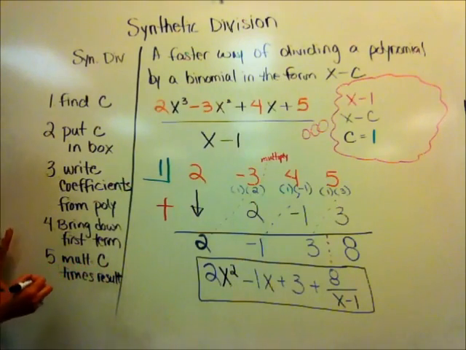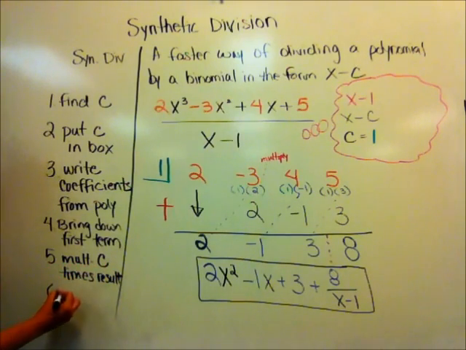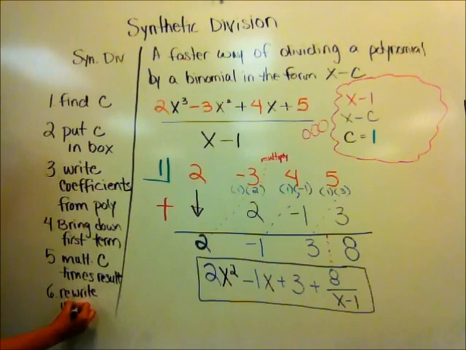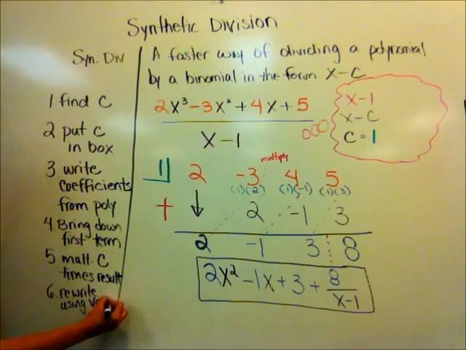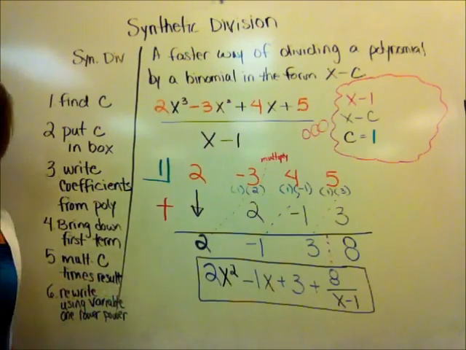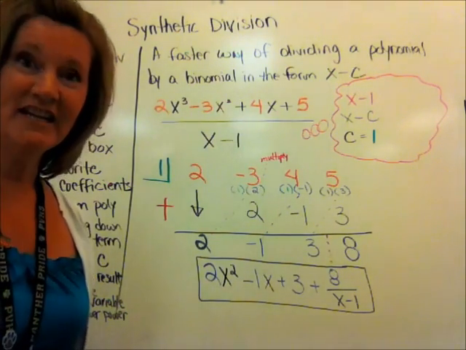And then number 6 is rewrite, once you're done, so rewrite using variable 1 lower power. Let's just say it like that. And there you go. That's called synthetic division.